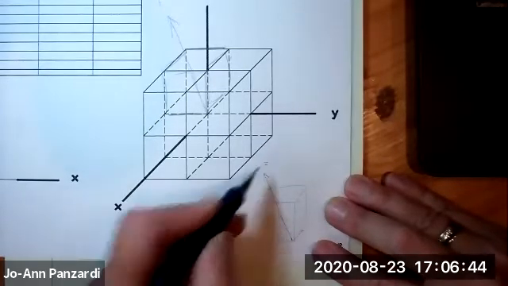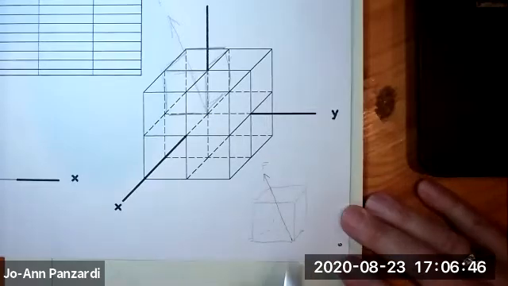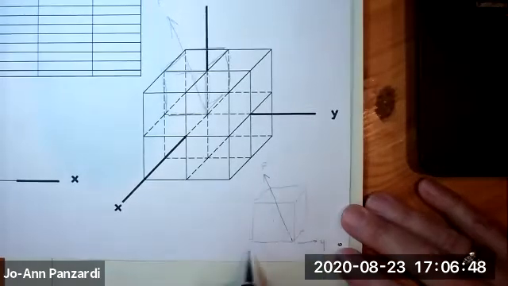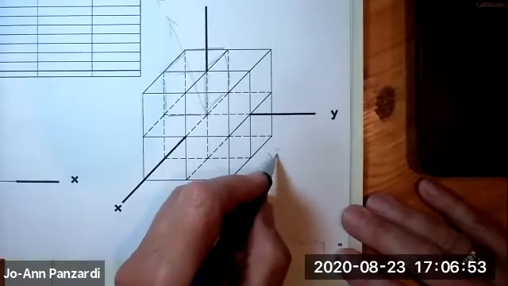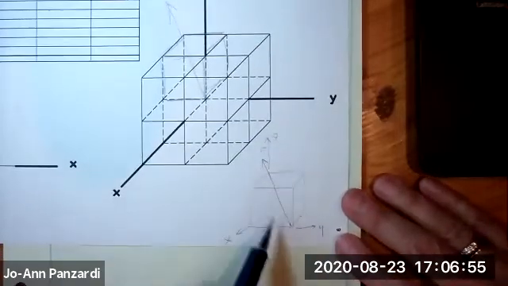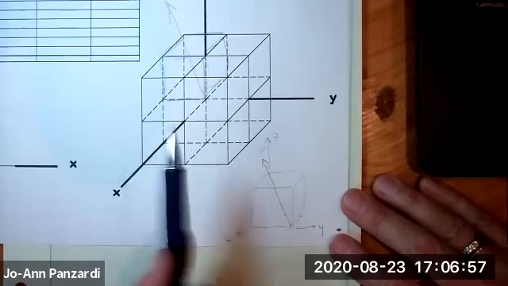This is my force vector. And this right here is where my Y is, and this is where my X is coming out, and this is where my Z is. This may look a little clearer because there's not so many lines.